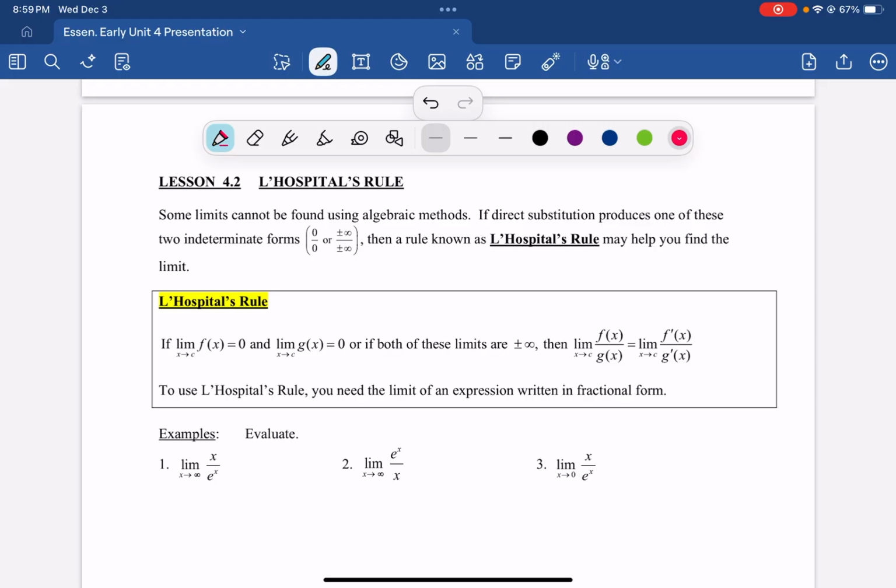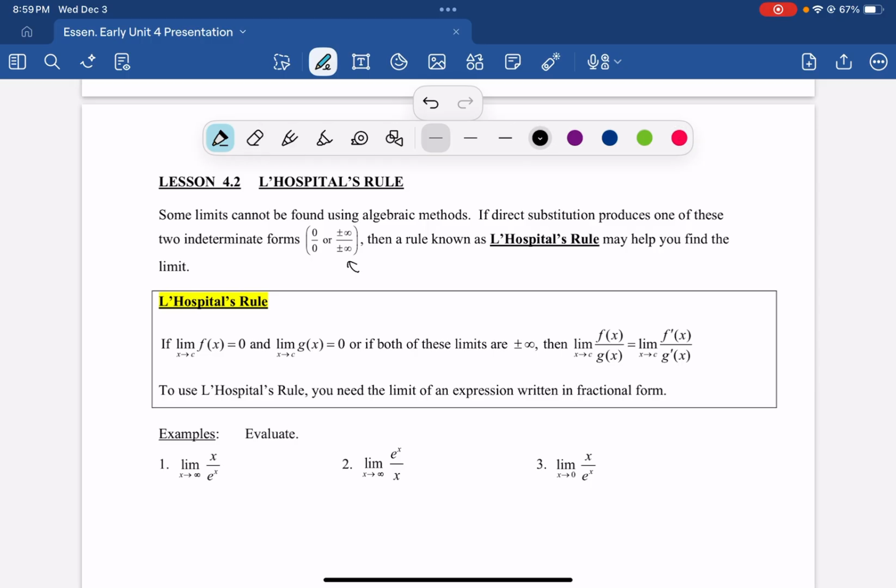Well, not all limits can be found that way, okay? So if when we do that direct substitution, it produces one of these two indeterminate forms, 0 over 0 or infinity over infinity. Okay, the signs have to match here on those infinities.